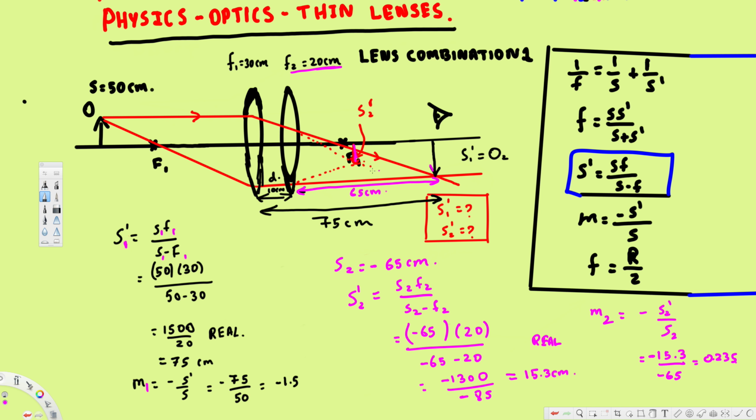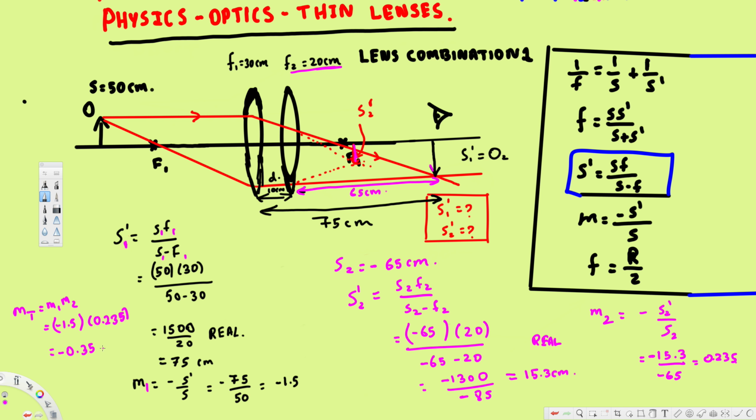Now to find the image size related to the object, we have to use this equation: M total is equal to M1 times M2. If we multiply these two together, that's going to give us the magnification related to the object. M1 we calculated, that is negative 1.5, and M2 we calculated, that is 0.235, and if you multiply these two together, you should get negative 0.35.